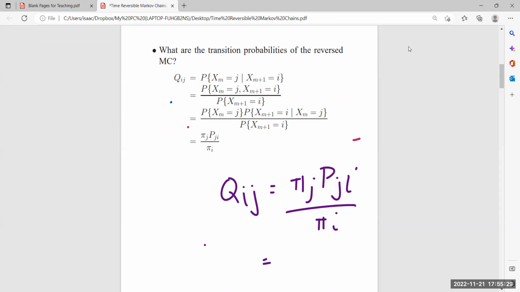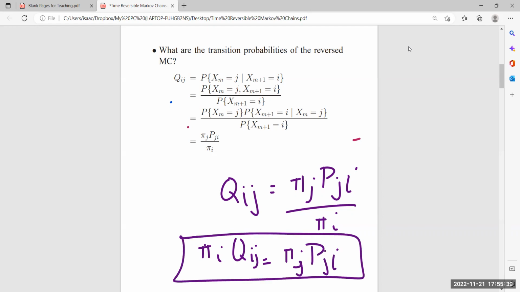So you could cross multiply and you get pi i Qij is equal to pi j times pji. So we have a relationship between the new, or reverse, transition matrix and the initial one that we had. There's some one-to-one relationship that exists.